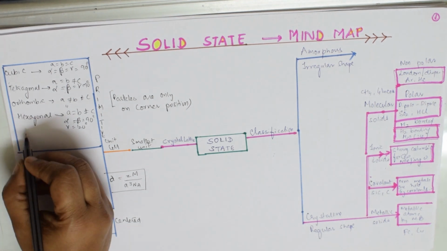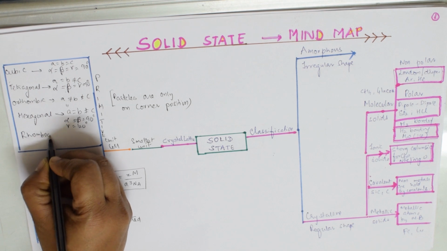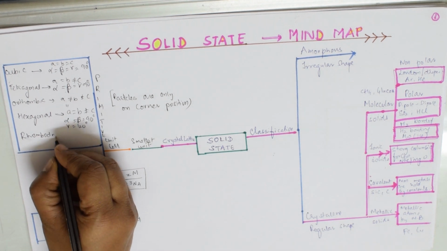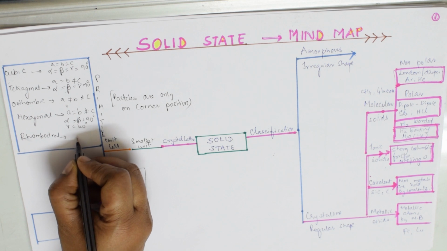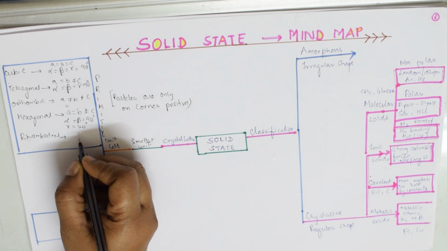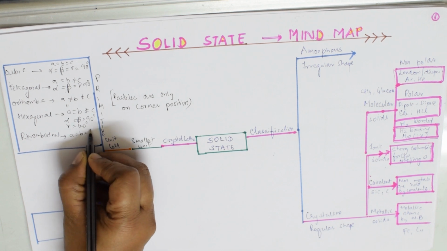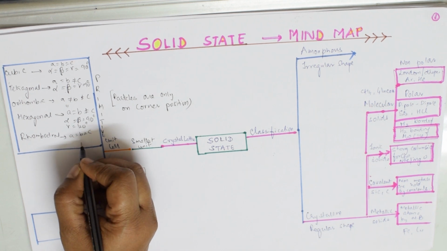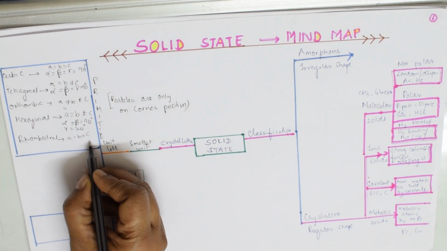Next comes rhombohedral, also called trigonal. In rhombohedral, the examples are tin, mercuric sulfide, calcium carbonate, right? Here A is equal to B is equal to C, and the angles alpha, beta, gamma are all equal.